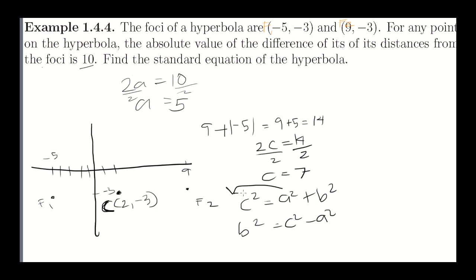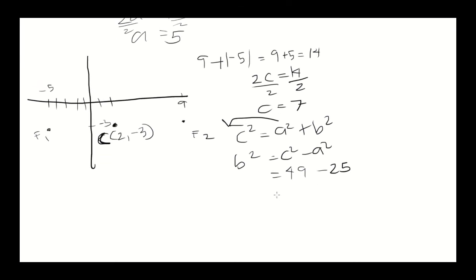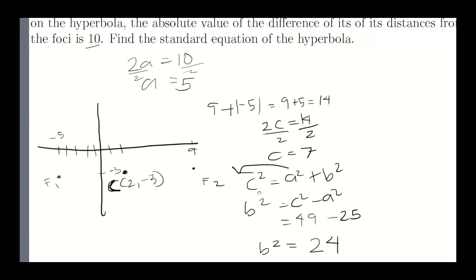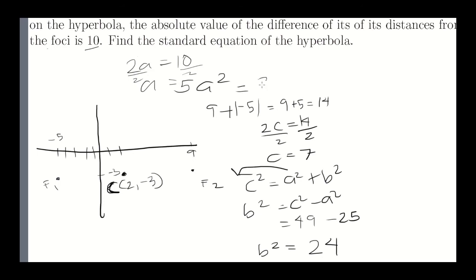What is c square? c square is 7 times 7, 49. a square is 5 times 5, which is 25. So 49 minus 25, so our b square is equal to 24. And a square is equal to 25.